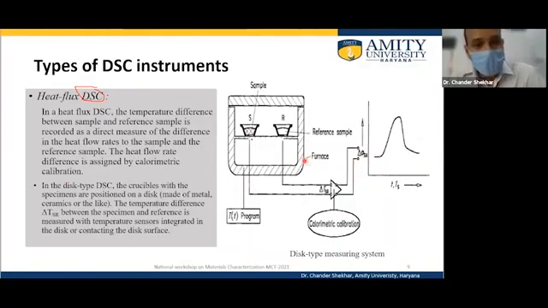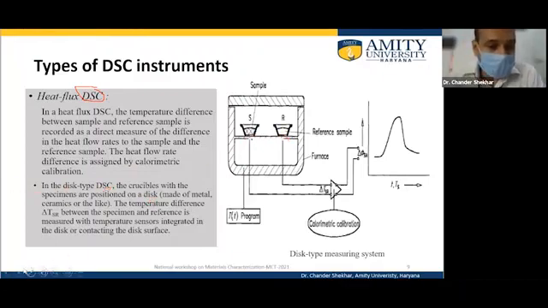In the heat flux DSC, there is the disk type measuring system that is given here, and in this disk type, both the sample and the reference are kept on the disk. There is a thin disk of conducting material in which the sensor, which detects the temperature of the sample as well as the reference, is monitored.